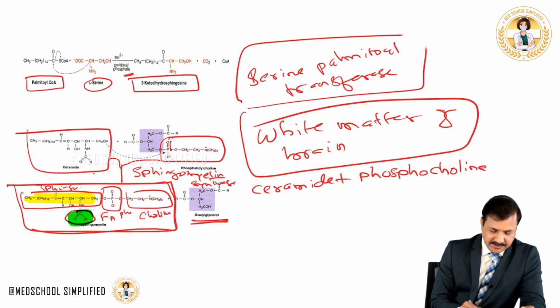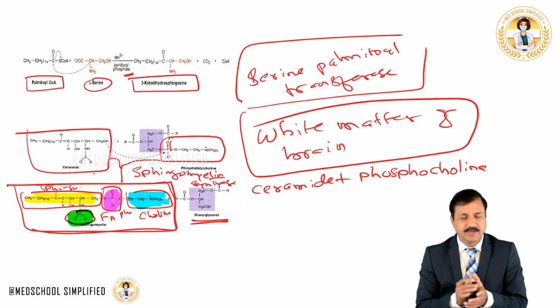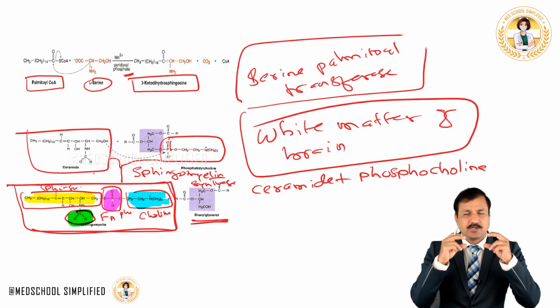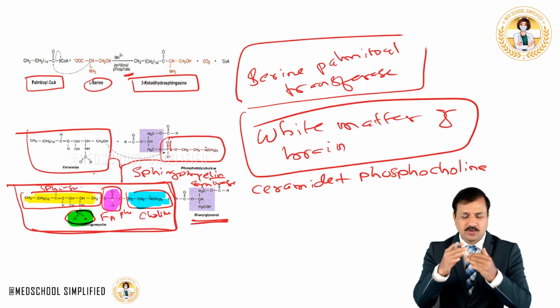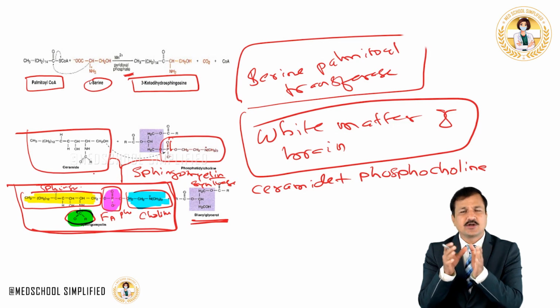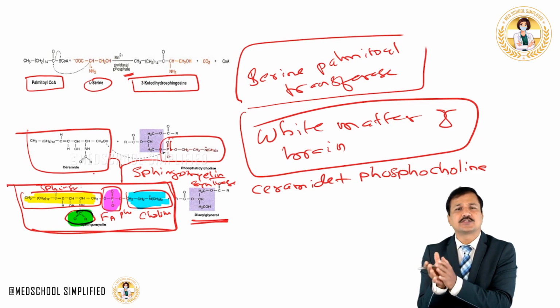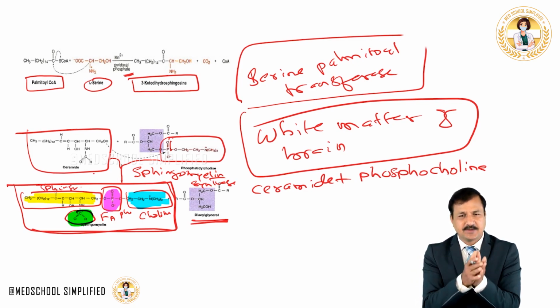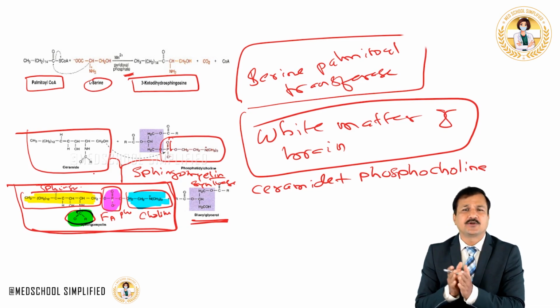Here is the fatty acid attached to sphingosine, here is the phosphate, and here is the choline. So you can break it down into 4 components. One is sphingosine, which is an alcohol. The other is a fatty acid. Sphingosine plus fatty acid is a ceramide. And then there is phosphate and choline, so phosphocholine. So otherwise it is ceramide plus phosphocholine. That is what a sphingomyelin is. You should be able to identify the structure of sphingomyelin.